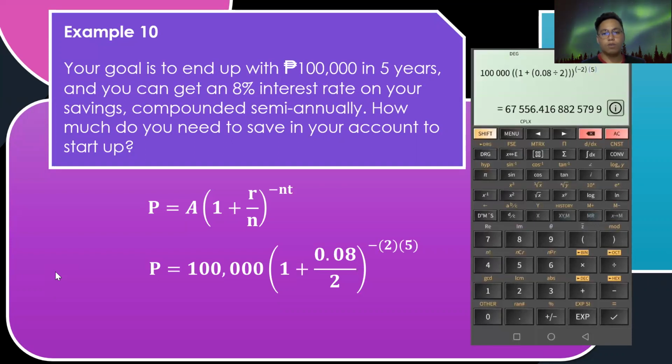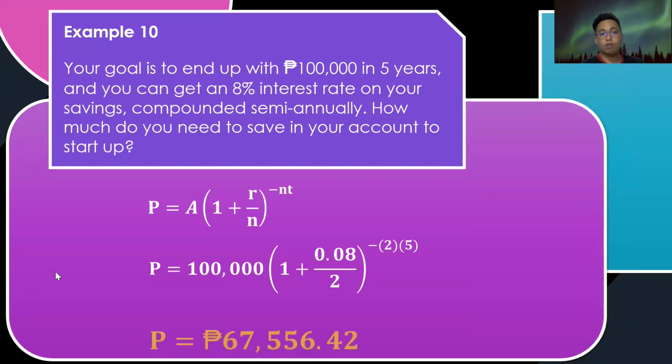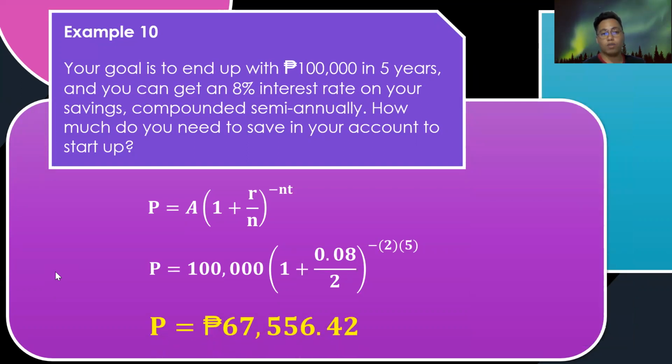Fine. So you'll have 67,566 pesos and 42 centavos. So you have to invest this much now to be able to have 100,000 pesos in 5 years in a bank offering 8% interest compounded semi-annually.